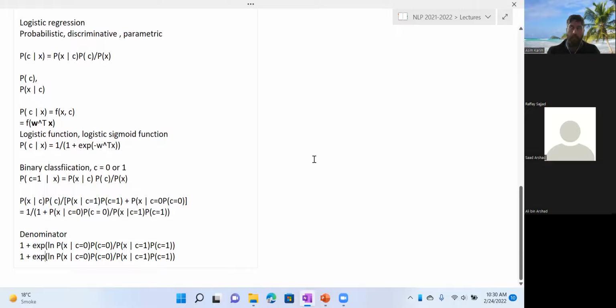So exp, which is exponent, and natural log. I put a negative there and reverse the order of the fraction. This becomes 1, and denominator becomes 0.